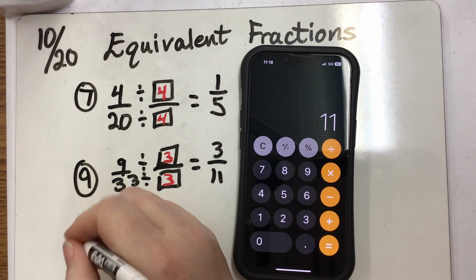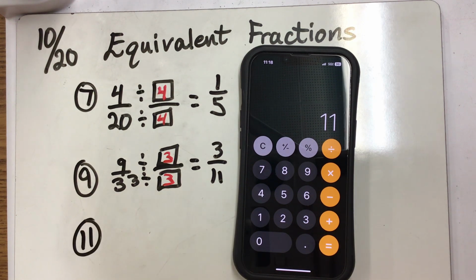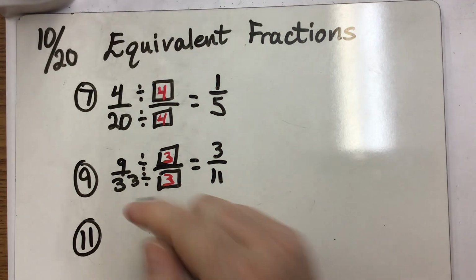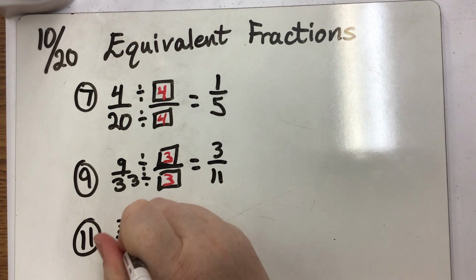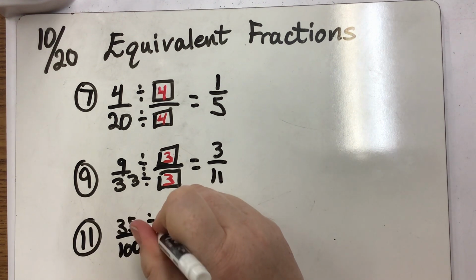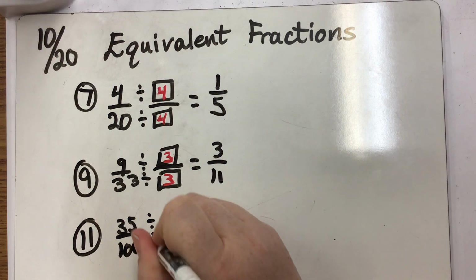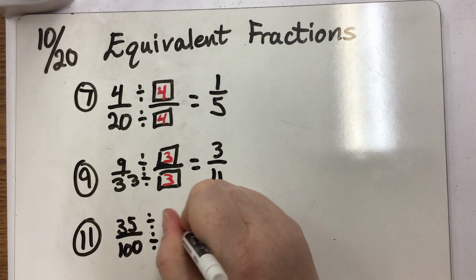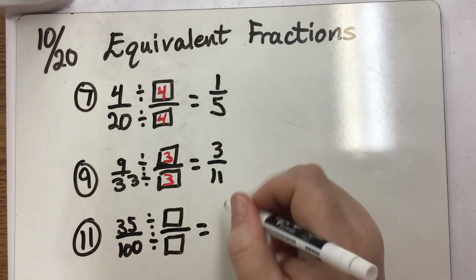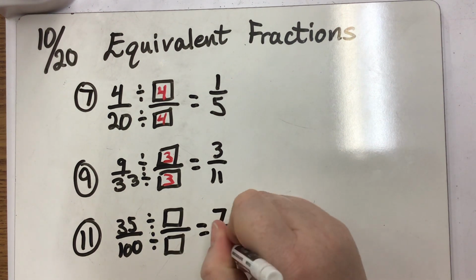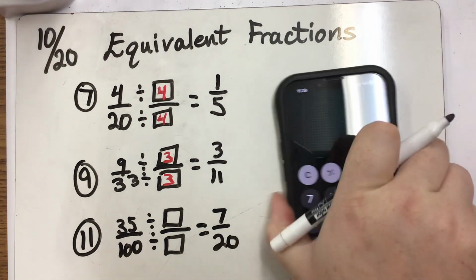Okay, last one I'm going to do. Number 11. 35 divided by 100. So 35 100ths divided by something over something equals 7/20.